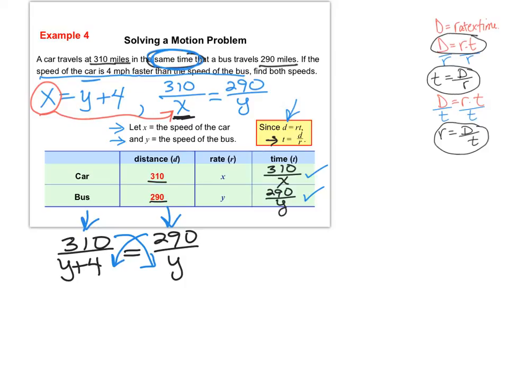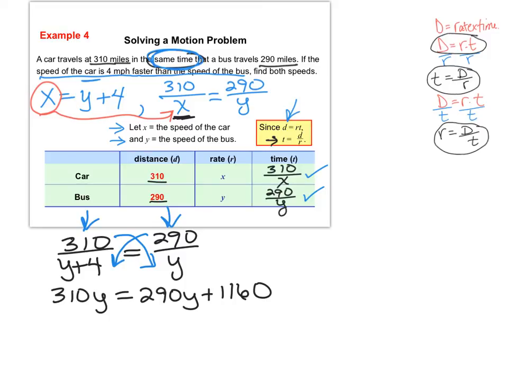So our resulting equation is found by multiplying across. 310 times y is 310y, and 290 times the quantity y plus 4 is 290y plus 290 times 4, which is 1,160. Now we have a single equation with a y.